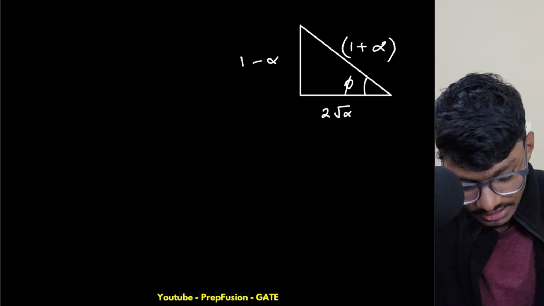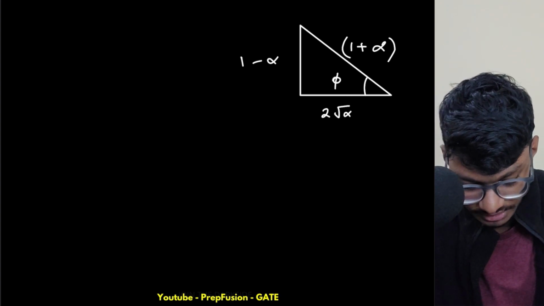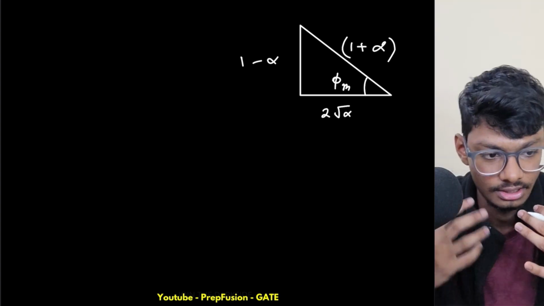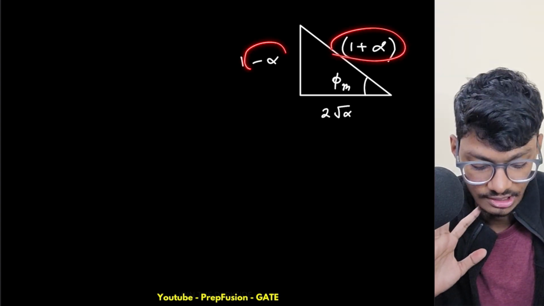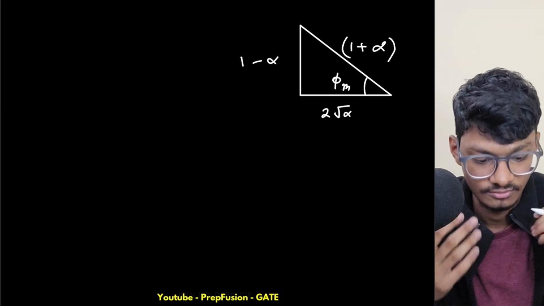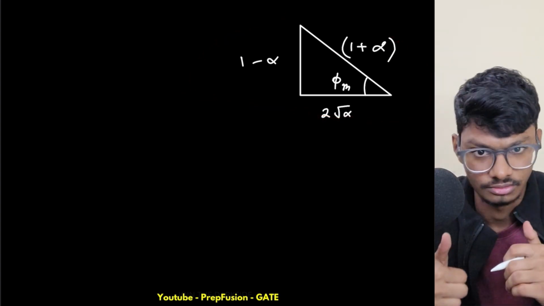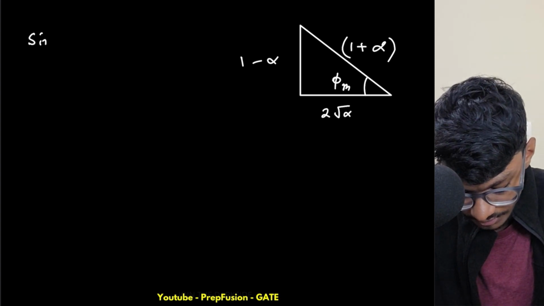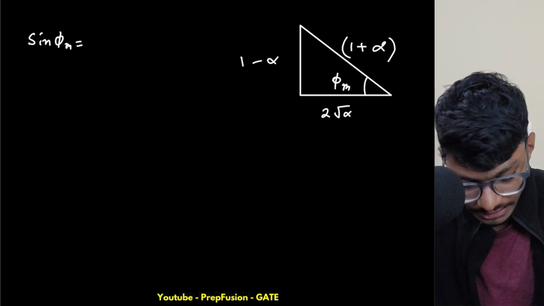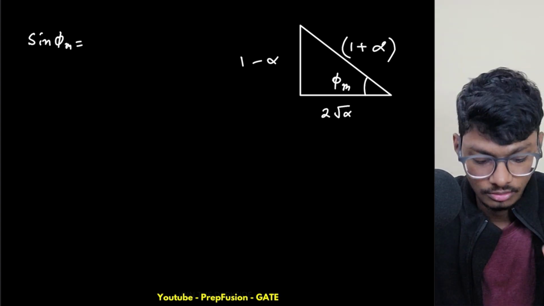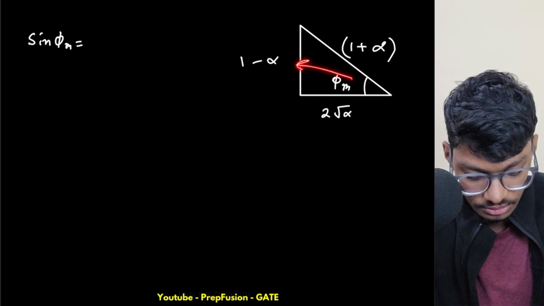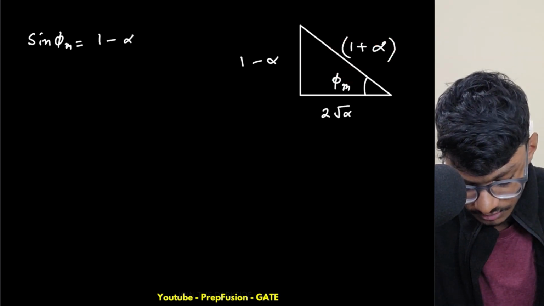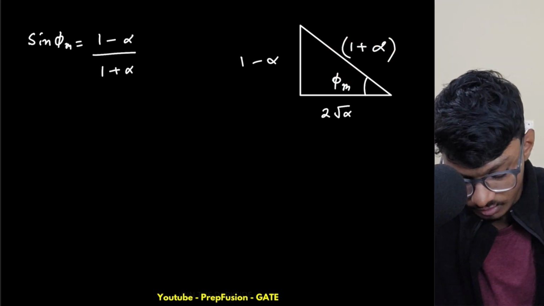So what is the easier expression to remember? Everything is the same, but we generally write this in terms of sine, because we have 1 plus alpha and 1 minus alpha, and that is easier for us to recall. If you just remember this triangle, that is also good. So what is sine phi m? Sine phi m is altitude upon hypotenuse, which is 1 minus alpha divided by 1 plus alpha.